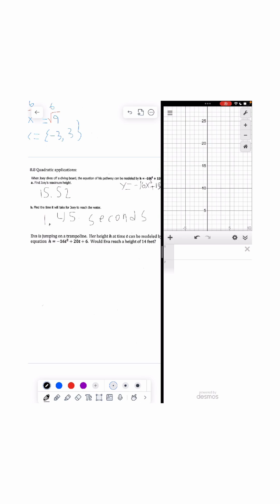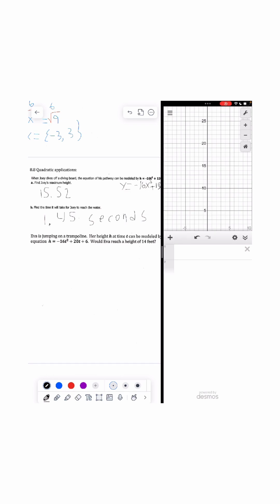And then the last question. Eva is jumping on a trampoline. Her height h at a time t can be modeled by the equation h equals negative 16t squared plus 20t plus 6. This one's a little different, but it asks, would Eva reach the height of 14 feet? We're just going to see the max height.